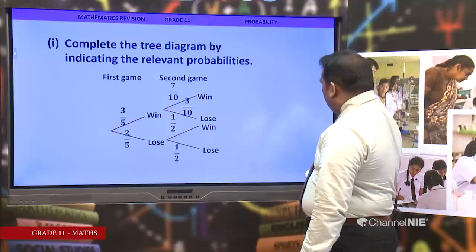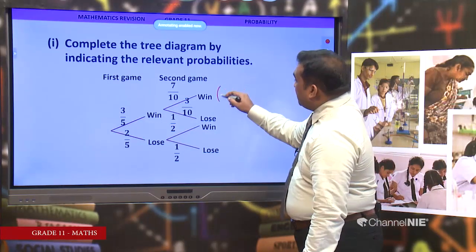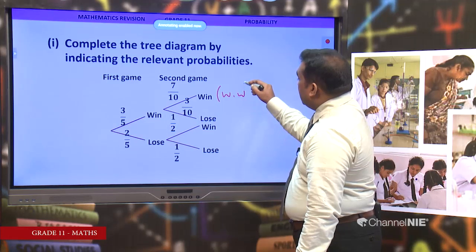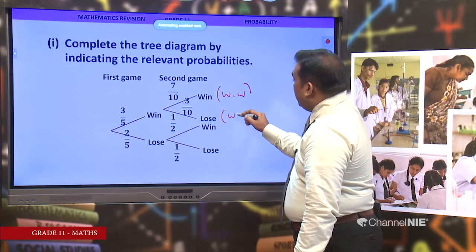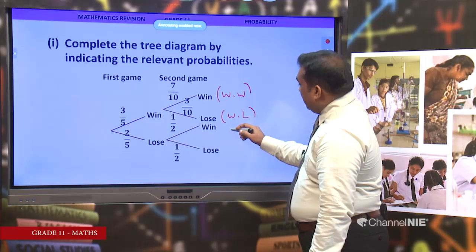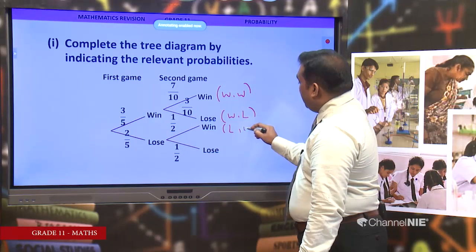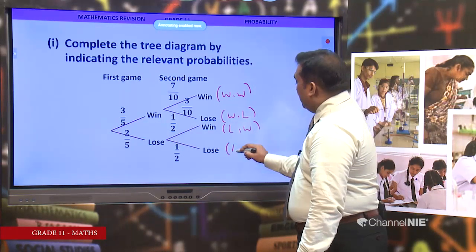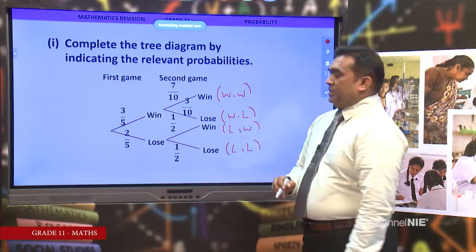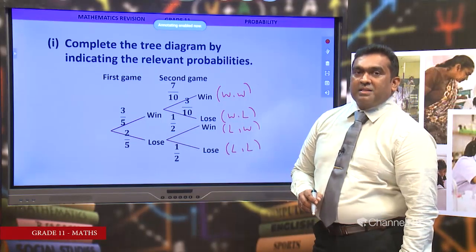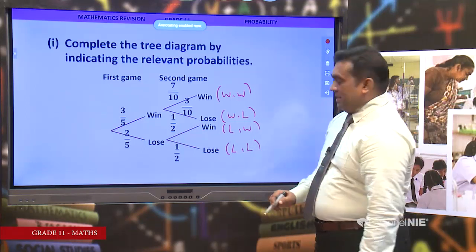Then how to make the sample space? Win-win, here win, lose, here lose, win, here lose, lose. This is the sample space.